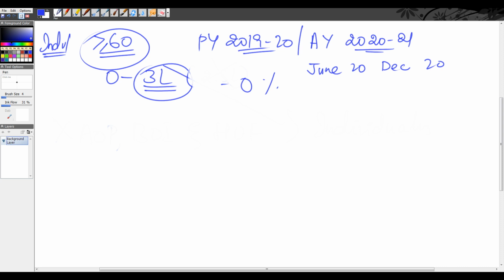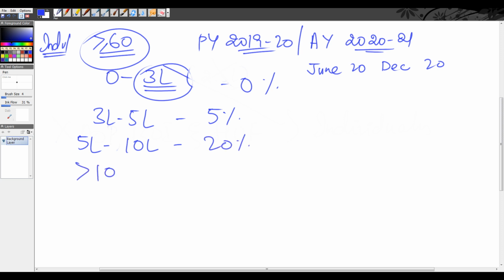The rest of the slab remains as it is. 3 lakhs to 5 lakhs, it will be again 5%. 5 lakhs to 10 lakhs, it will be 20%. And above 10 lakhs, if there is any income beyond that, it will be 30%. So this is for the senior citizens, that is someone who has attained the age of 60.